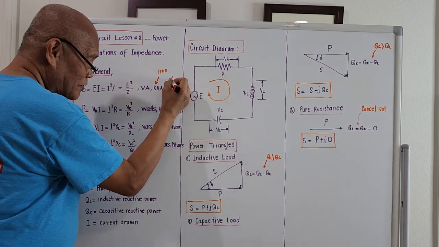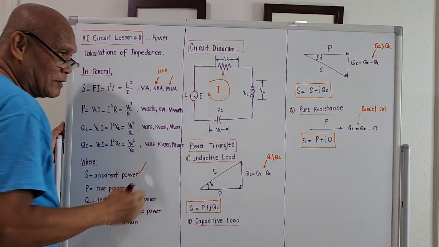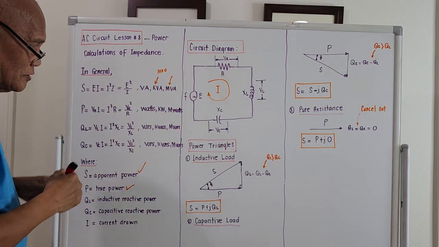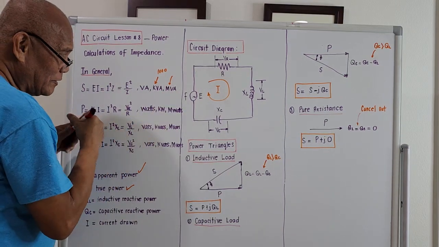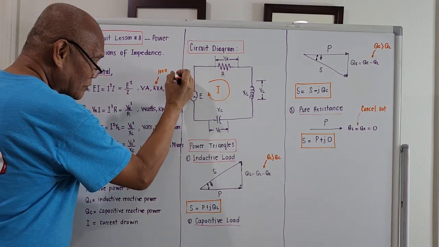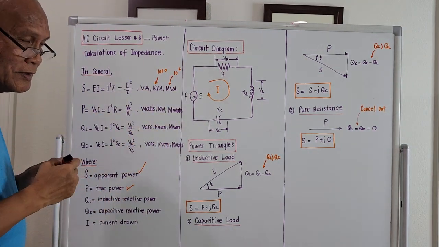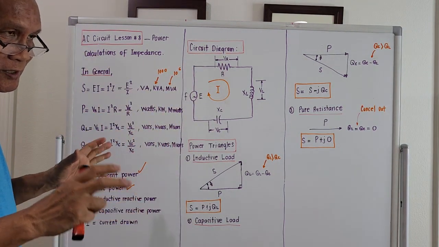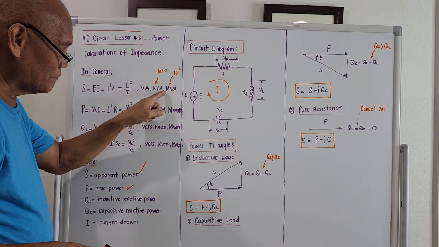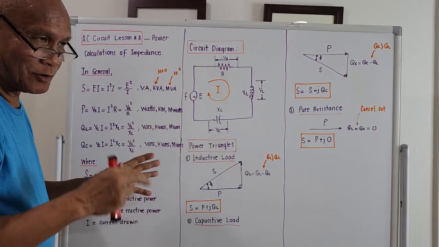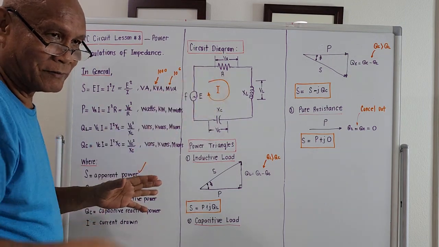And the next biggest unit for the apparent power rating is MVA. This M here refers to 10 to the positive 6, that is 1 million. So if you see a transformer with the rating MVA, meaning the power rating of that one is actually 1 million volt ampere.